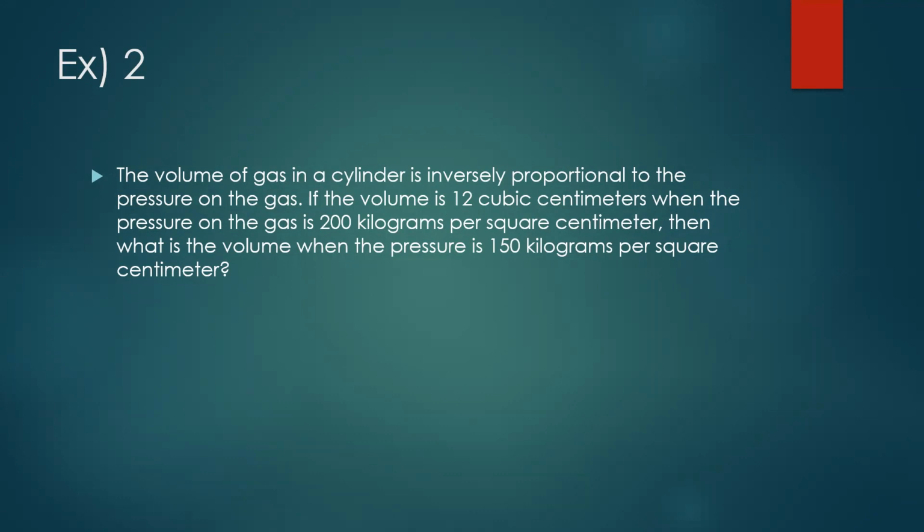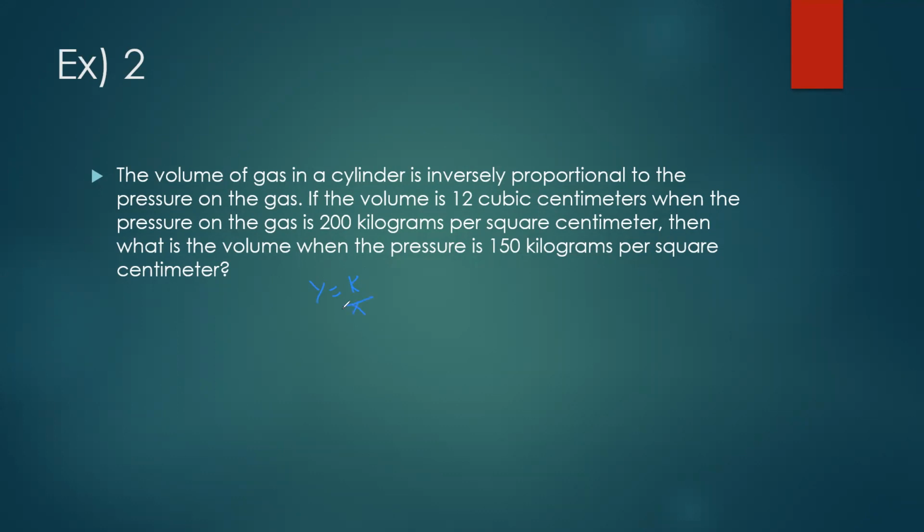So, first step is figure out which equation we're going to use. Any keywords that you can spot? The keyword is inversely proportional. So what is an equation of an inverse variation? It is y equals k over x, right?